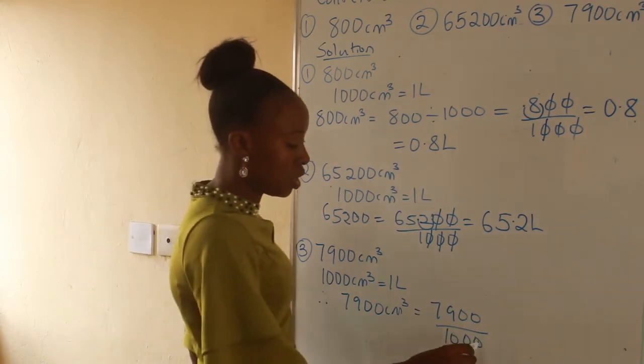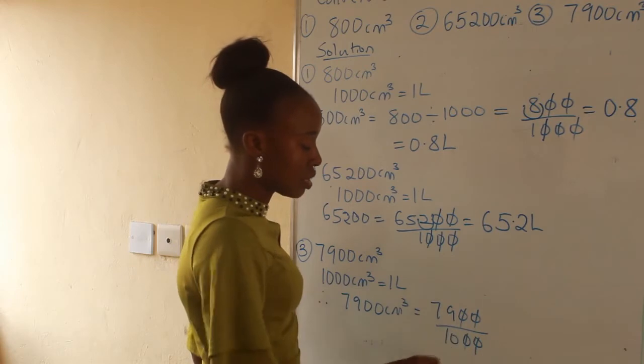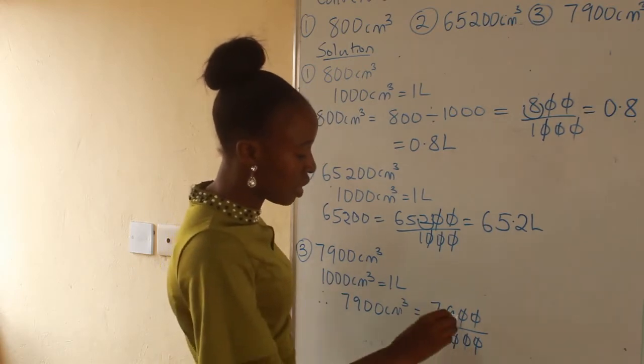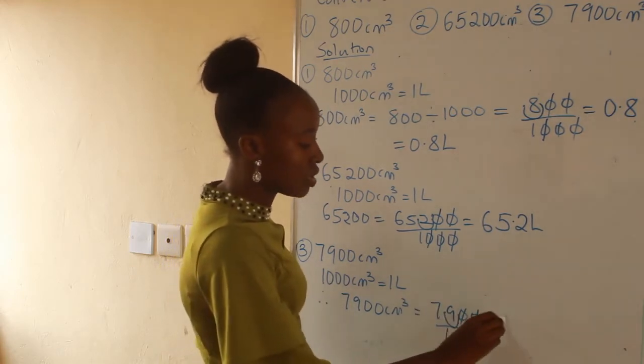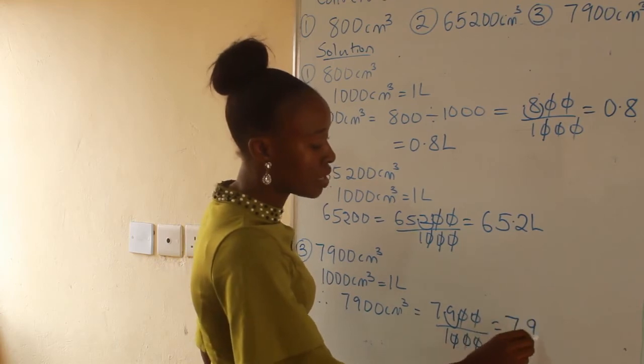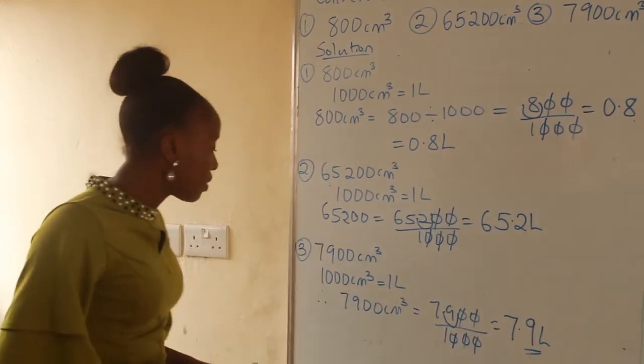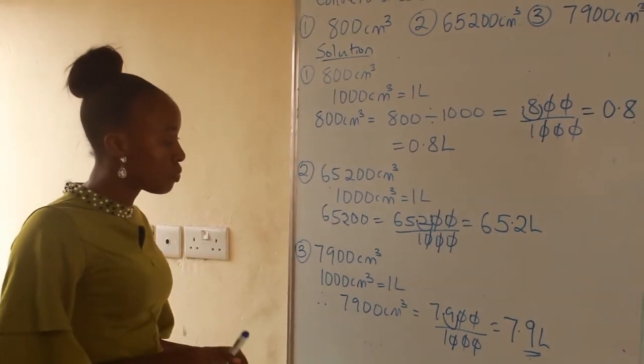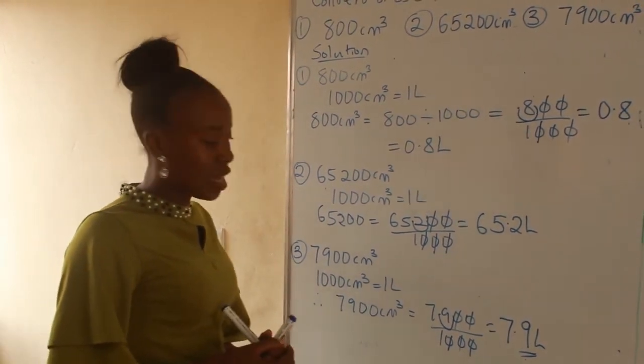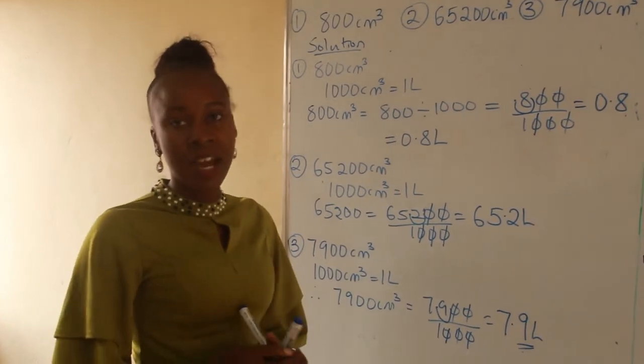And then we cancel out our zeros like we always do, and I have 7.9 liters. 7,900 cm cube converted to liters equals 7.9 liters.